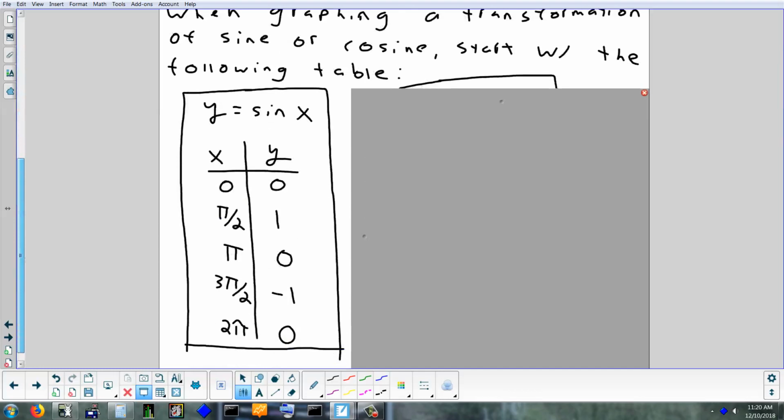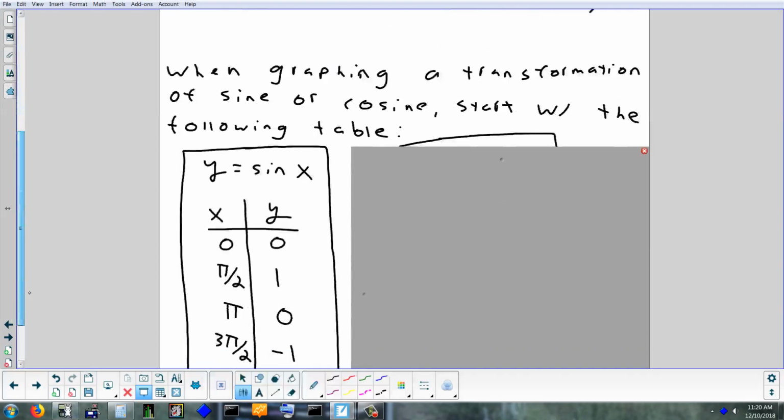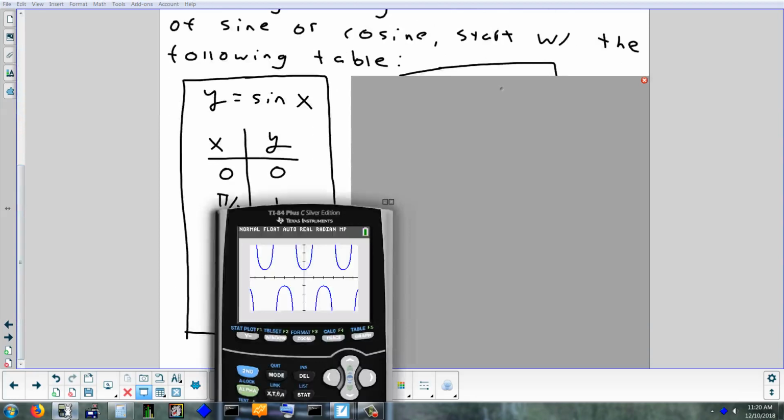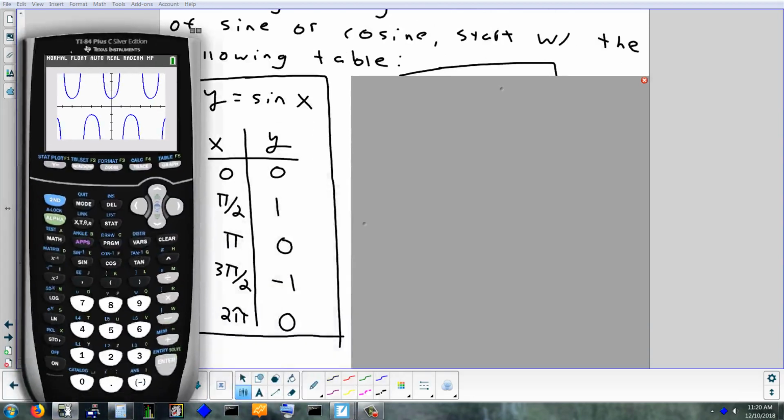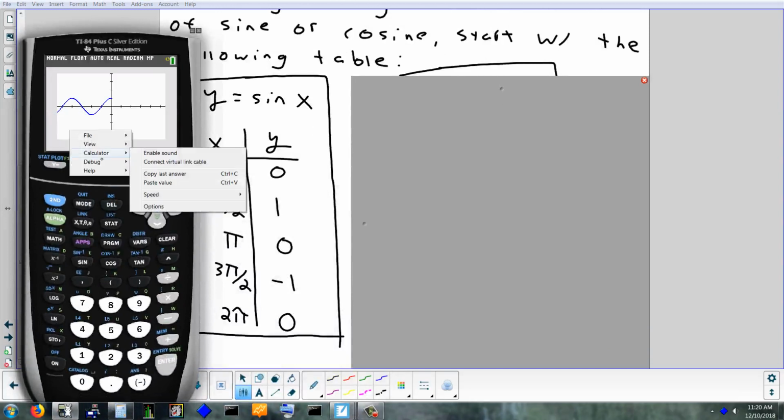Okay, and I don't have a picture of cosine up there, but let me just do it on the calculator again. We're going to focus just on the first cycle.